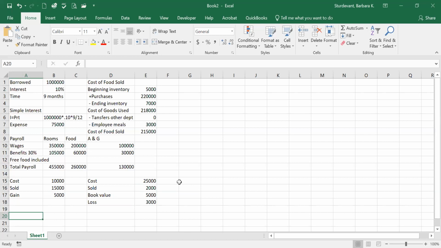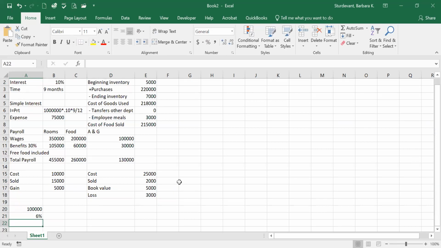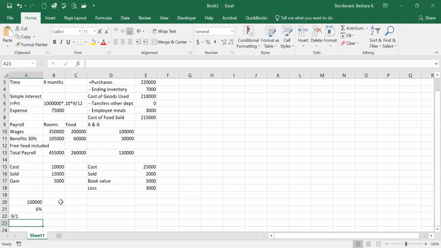So we have a 1-year CD for 100,000 at 6%. And it was September what? The 1st, so the whole month. Correct. So this one is going to be interest revenue. And we're going to calculate it exactly the same way that we did the expense.